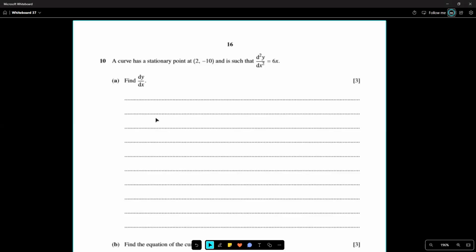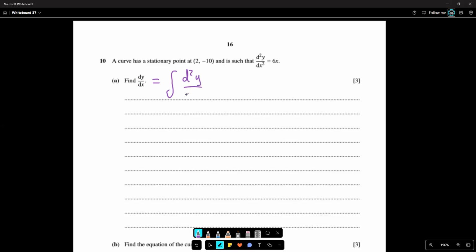So here they say, okay, a curve has a stationary point 2 and negative 10, and is such that its second derivative is 6x. Okay, so they need the first derivative. That's fine. So the first derivative will be the integral of the second derivative.